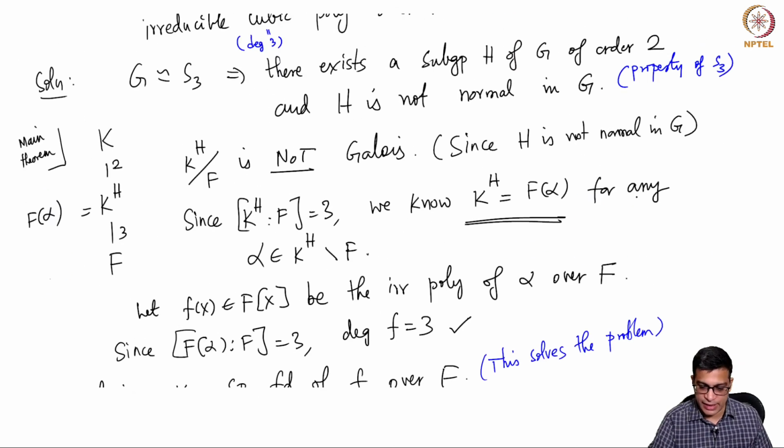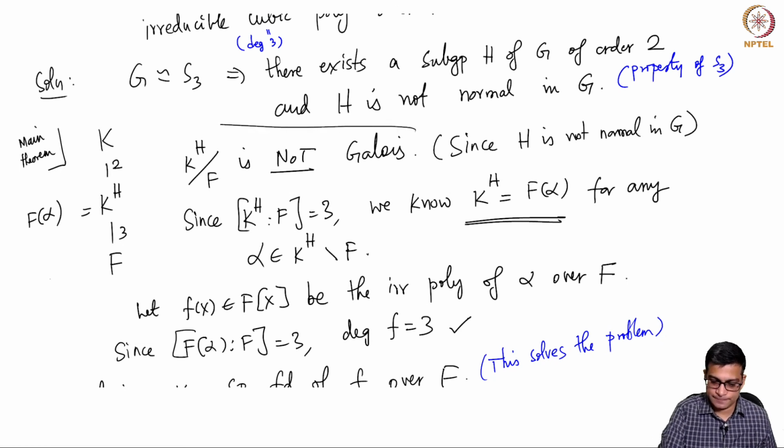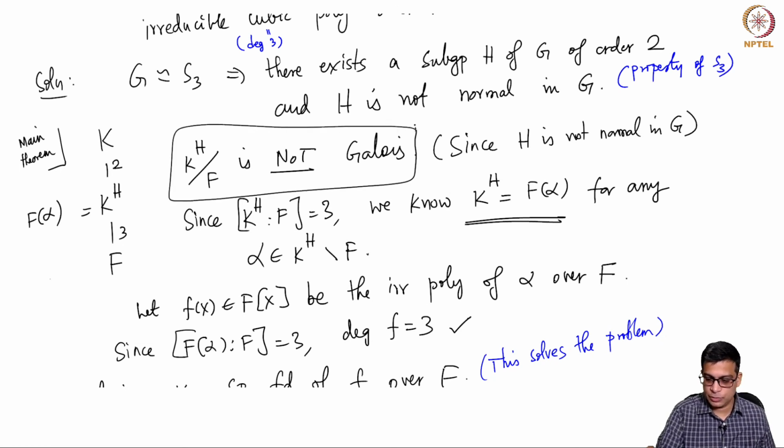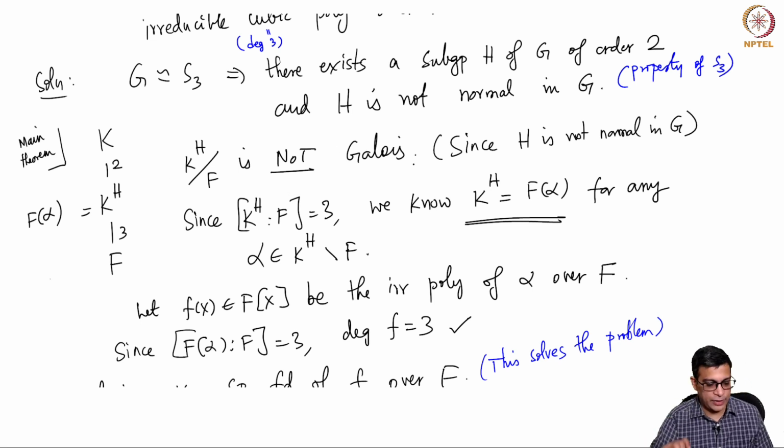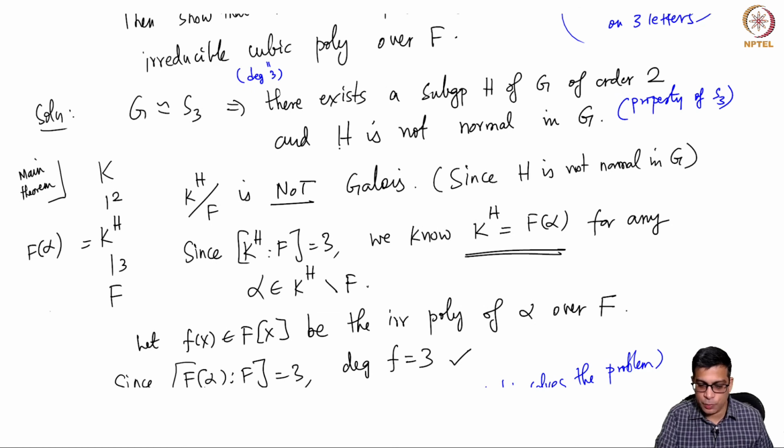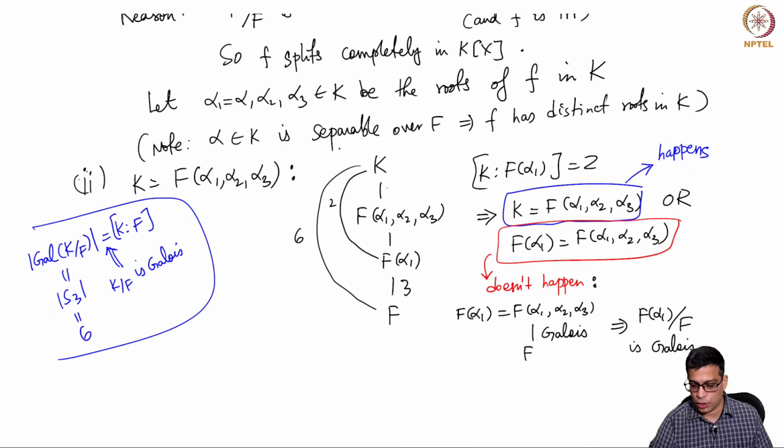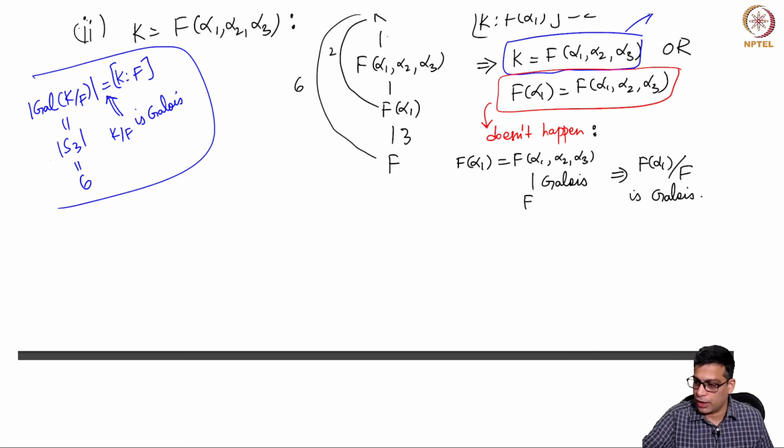This is exactly what I said is not the case, right? So this is not Galois. This of course is F(alpha). So if F(alpha) over F is Galois, the corresponding subgroup will be normal, but we know that the subgroup of S3 is not normal. So this is not Galois. So this is wrong. So if this happens, we get a contradiction.